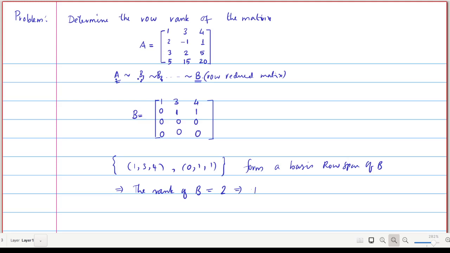That would imply that the row rank of A is also 2.